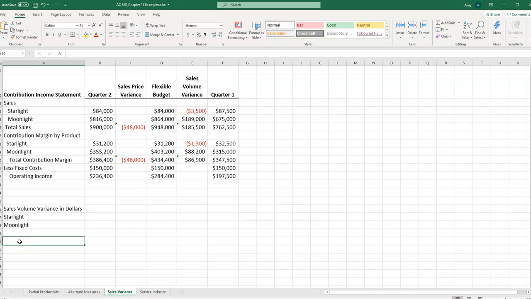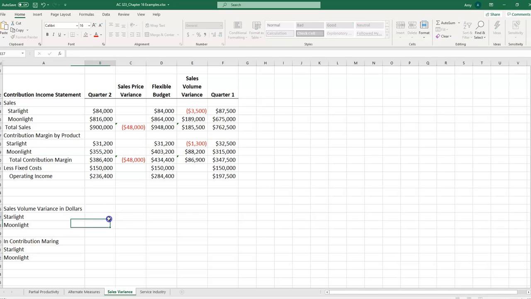How we can look at that in a different way: for Starlight, we have that we sold 12,000 at 20% of sales mix, and we were budgeted to sell 25%.